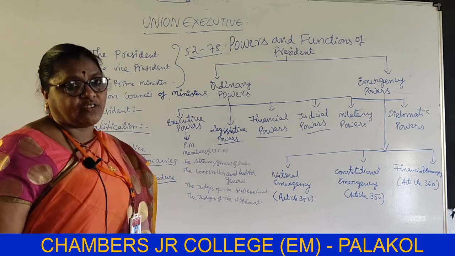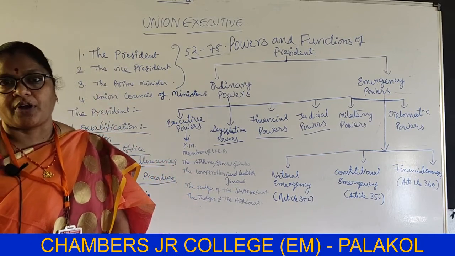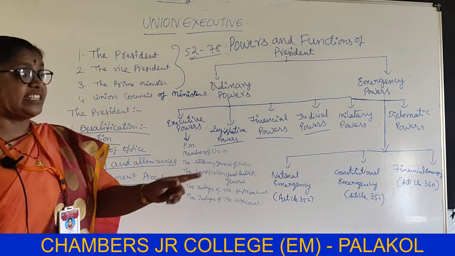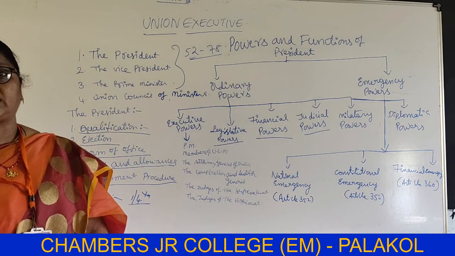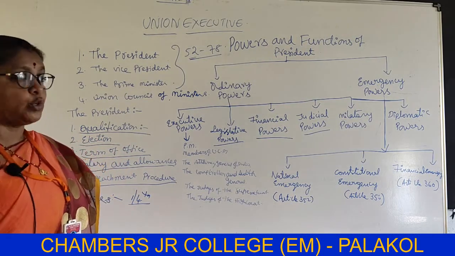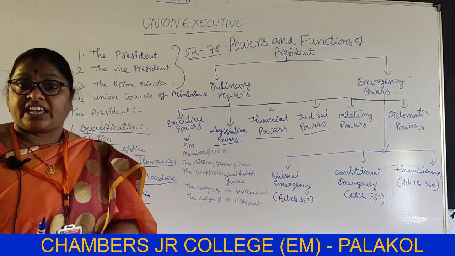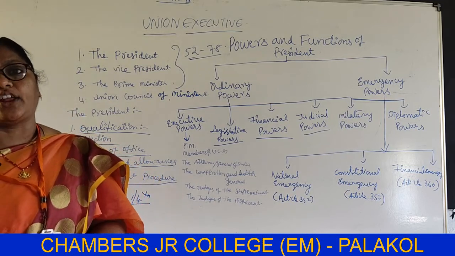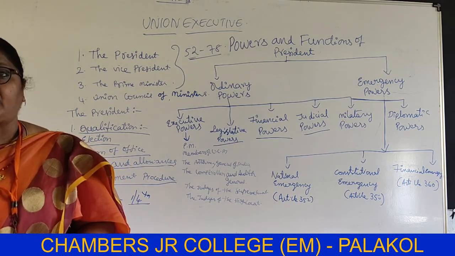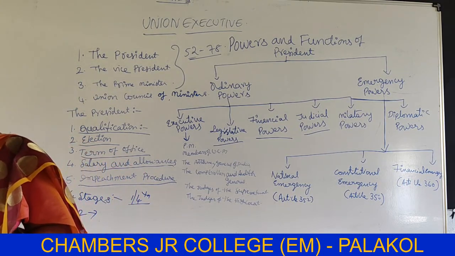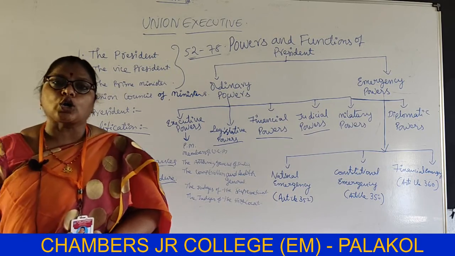And the next one is military powers. He is the supreme commander of the armed forces of India. What are the armed forces? Army, Navy, Air Force. So he is the supreme commander of the defense forces in India, and he can declare war or conclude peace.